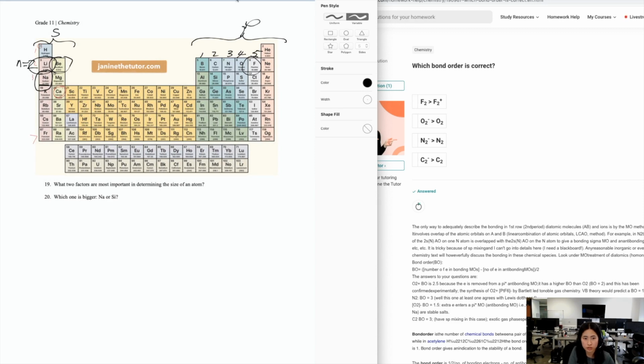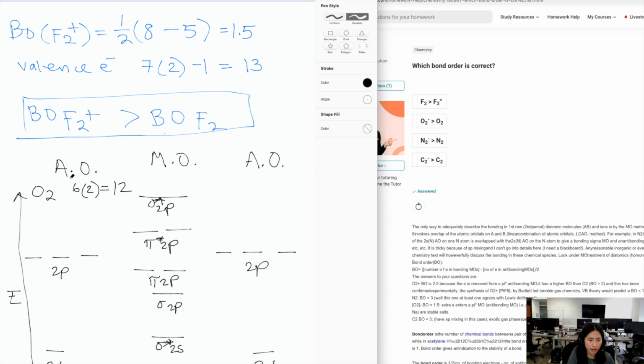Oxygen is found beside fluorine. So oxygen is right here. Hopefully this periodic table isn't too small. So as you can see, it's actually 2p4, right? So 2s2, 2p4.